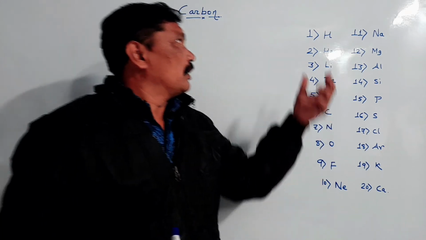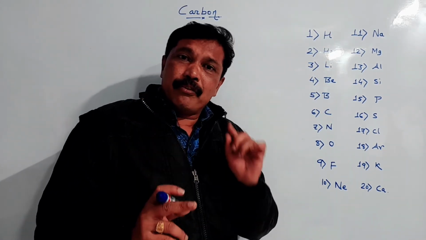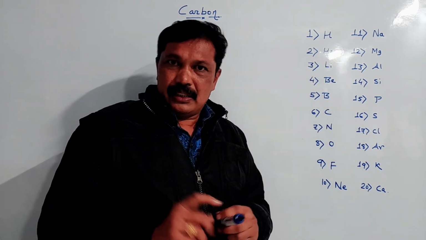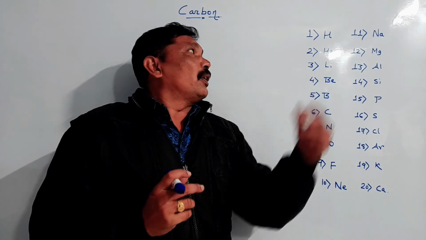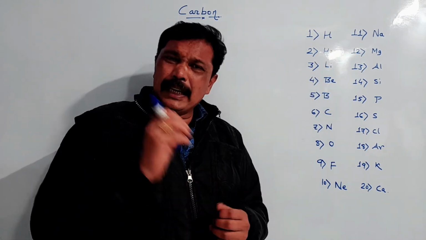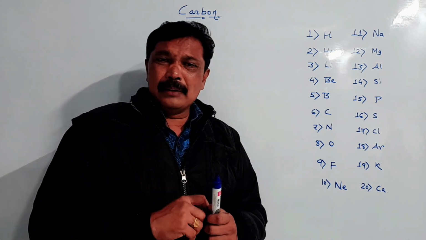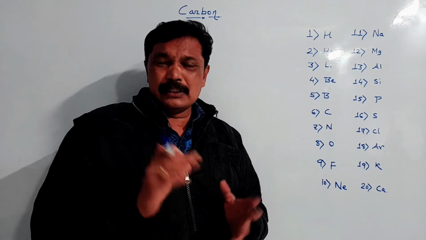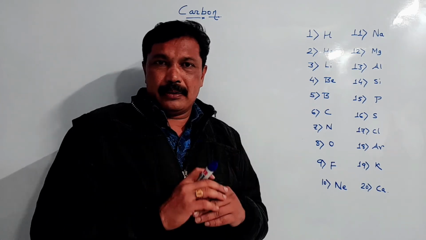For example, hydrogen. Hydrogen is denoted by the first letter of its spelling, that is H. It is taken as a capital letter. Now if we consider the second element, helium, sometimes two letters of its spelling are taken as a symbol to represent the element.